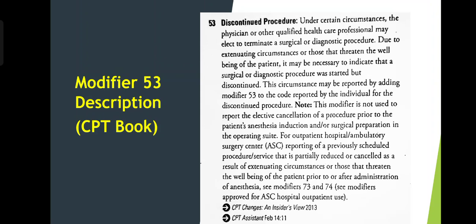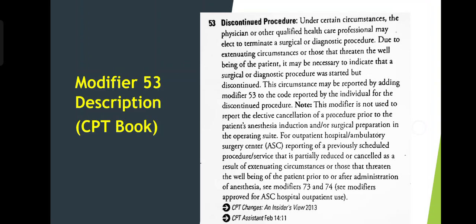It may be necessary to indicate that a surgical or diagnostic procedure was started but discontinued. This circumstance may be reported by adding modifier 53 to the code reported by the individual for the discontinued procedure. So this is all about modifier 53.